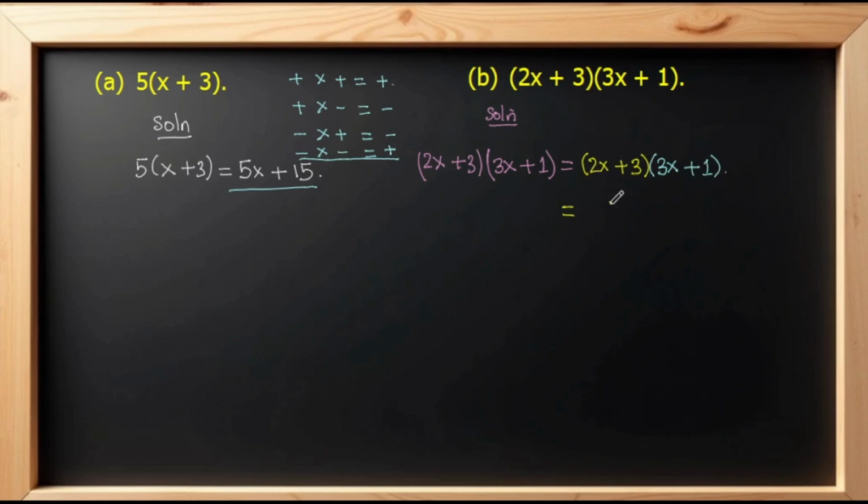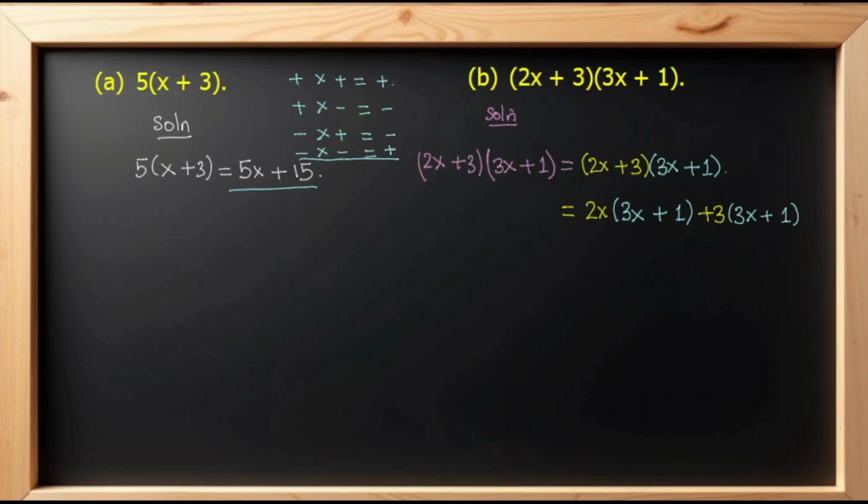Here we're going to have the first number, which is 2x, and that is going to multiply the second bracket, which is 3x + 1. Then the second number from our first bracket is positive 3, and this is also multiplying the second bracket, 3x + 1.